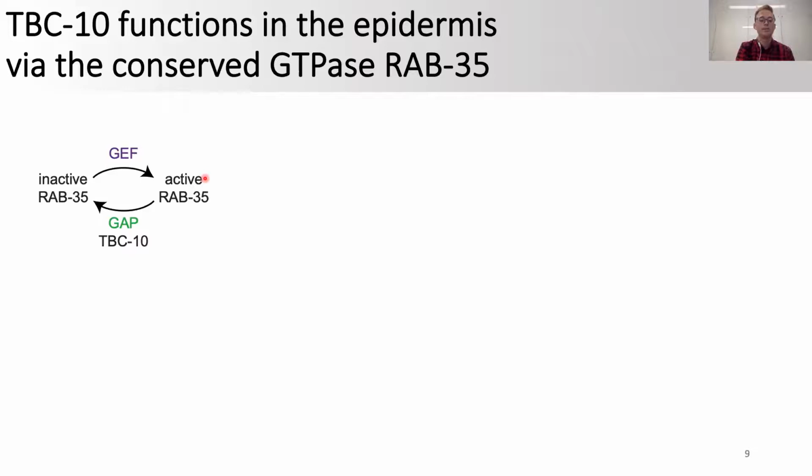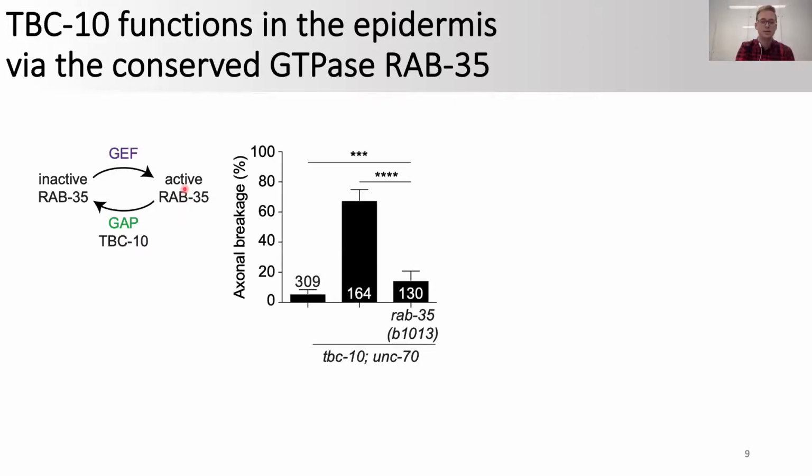So to test if Rab35 is a TBC10 target, we would expect that further loss of Rab35 would rescue the TBC10 UNC70 phenotype and prevent breakages. And this is exactly what we see. So compared to the TBC10 UNC70 mutants, animals carrying an additional null allele of Rab35 have a complete rescue of this axonal breakage phenotype.